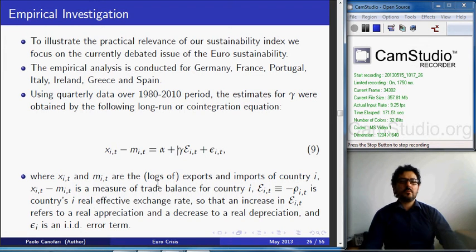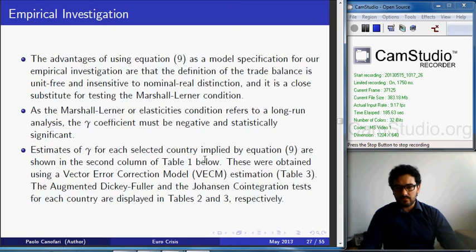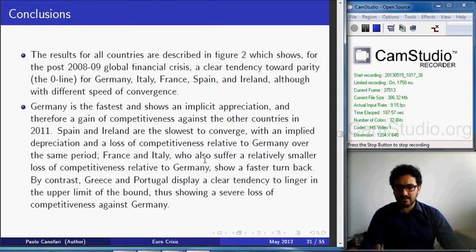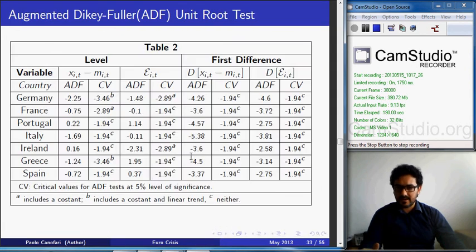Then we can perform the Johansen vector error correction estimates in order to estimate the long-run or the equilibrium relation between these two variables. And this is in the appendix of this first paper.